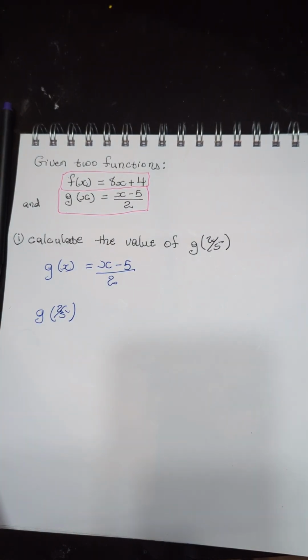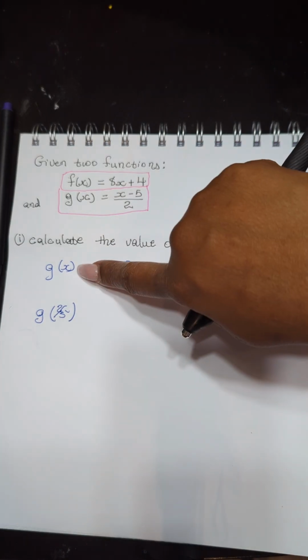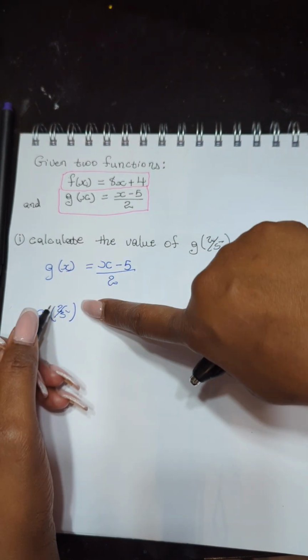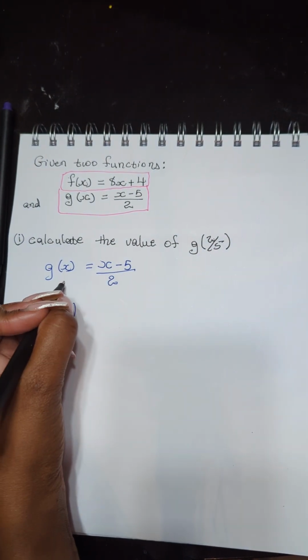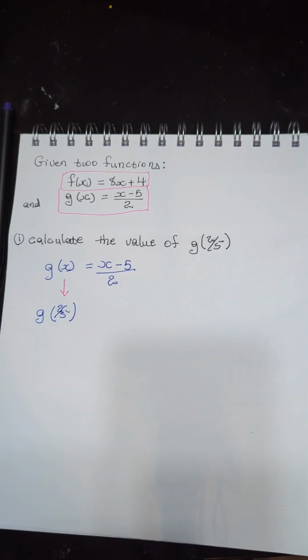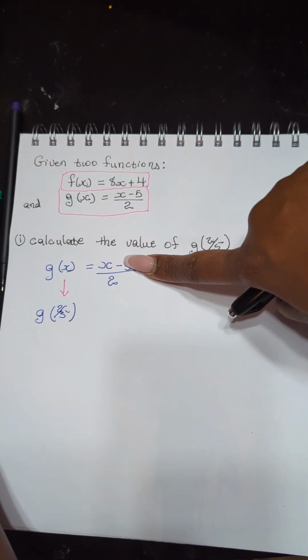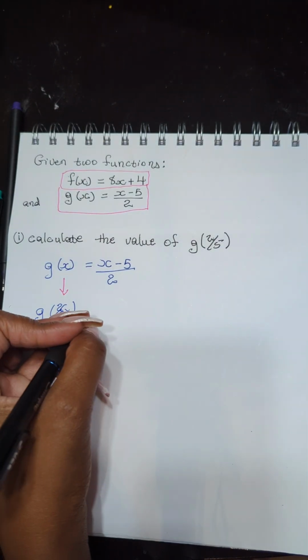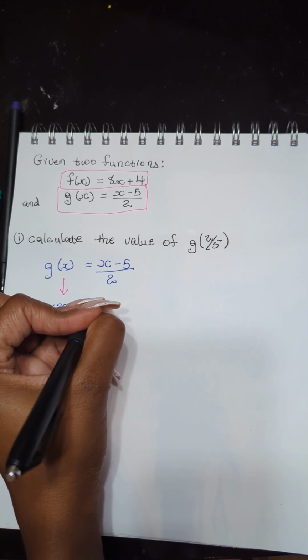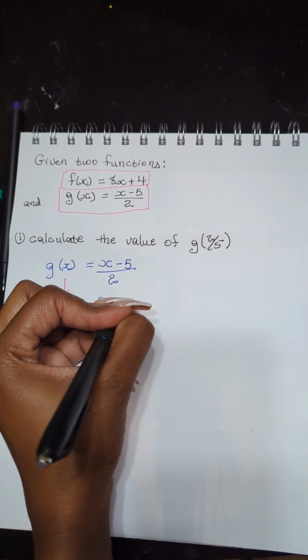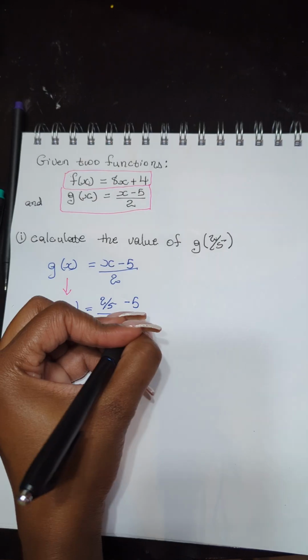Notice something here. They've replaced the x. They're asking us to replace the value of x as what? 2 over 5. Notice that? Which means in place of x on the right-hand side, we're going to put 2 over 5. It's going to be 2 over 5 minus 5 all over 2.